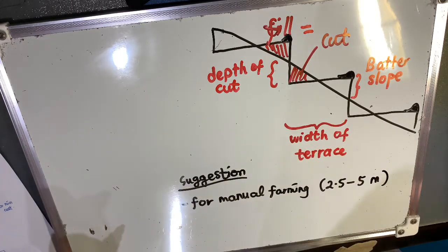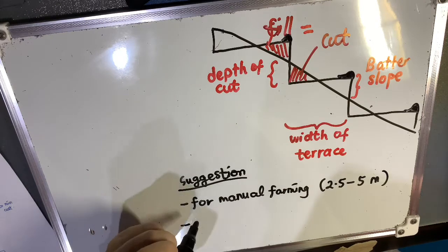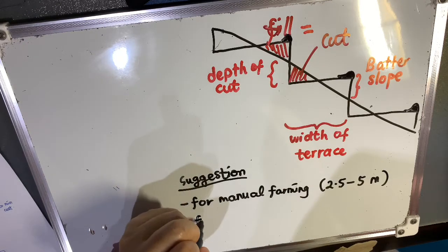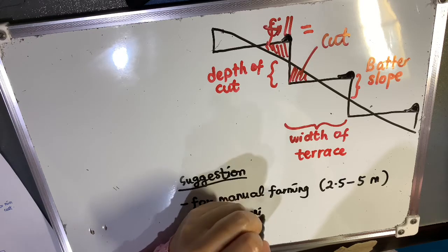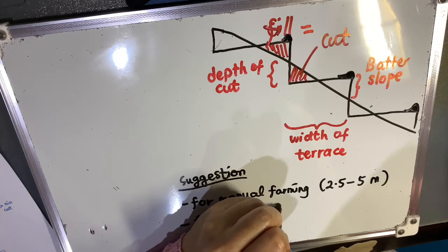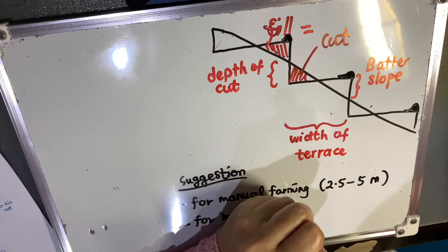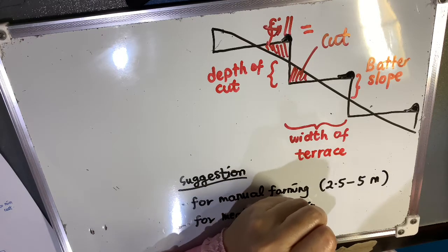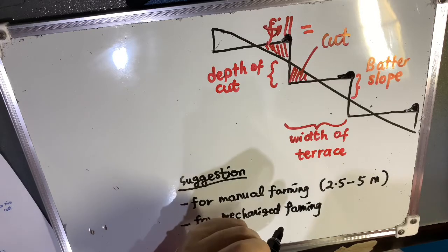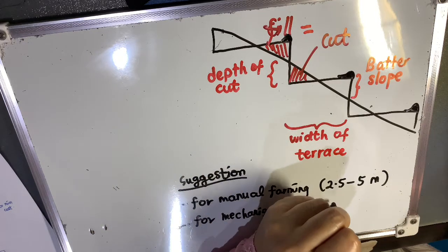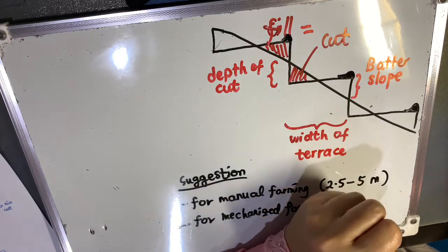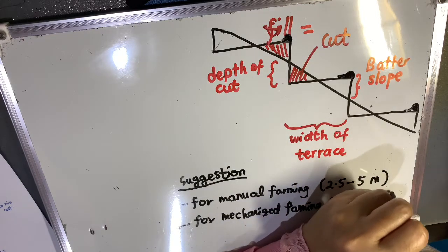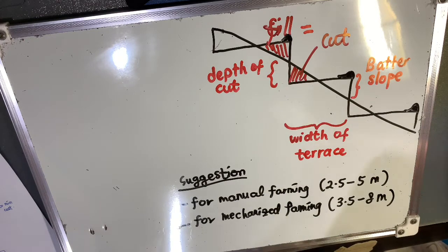Yeah, this is quite huge for manual farming, but for mechanized farming, what do you think of the width? Should it be smaller or larger than manual farming? Of course it should be larger. So the width should be between 3.5 to 8 meters.